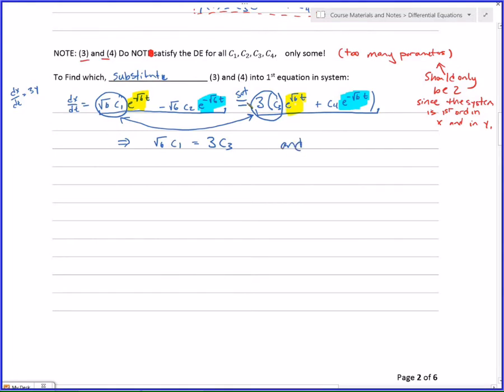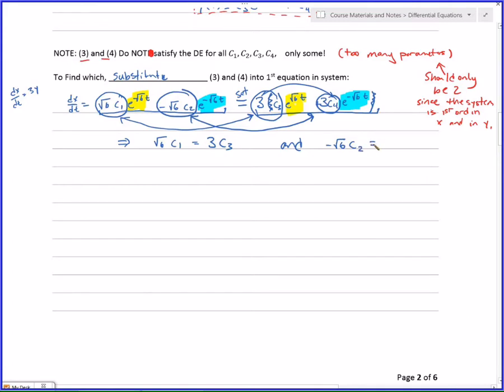And what else? This has to equal, put the 3 over here too, right? And those square root of 6 and negative square root of 6 came in through that derivative.